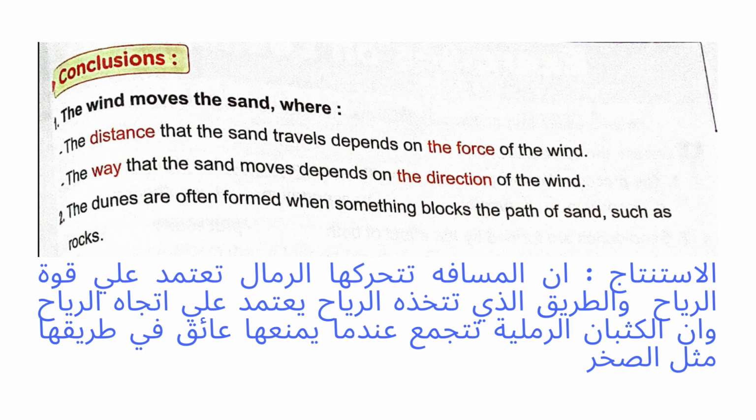And dunes are often formed when something blocks the path of the sand, such as rocks, so the sand dunes will be formed.